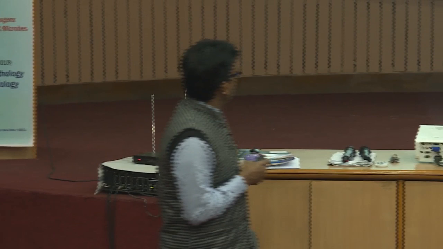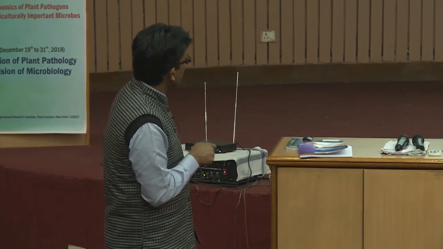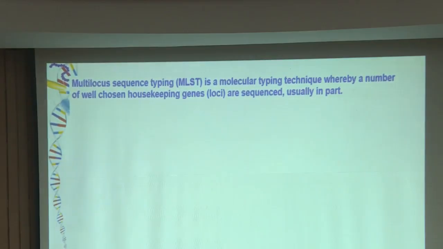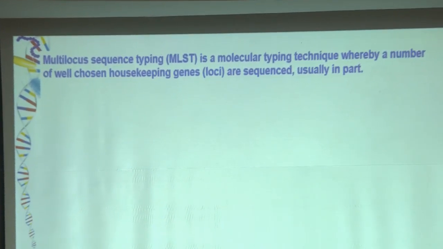Multi-locus sequence typing is a molecular typing technique whereby a number of well-chosen housekeeping genes are sequenced, usually in part. Meaning, we do not sequence the entire gene, rather we are sequencing only partial gene.